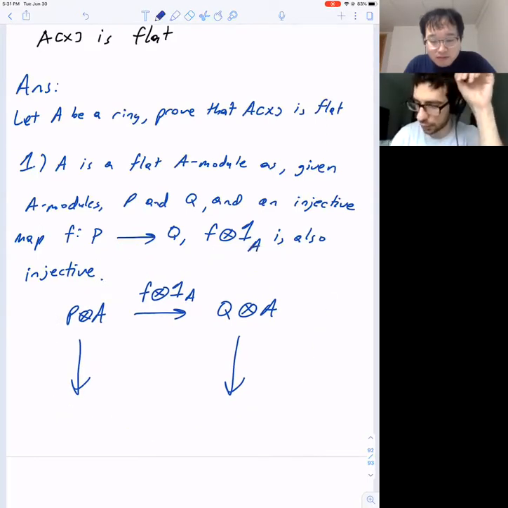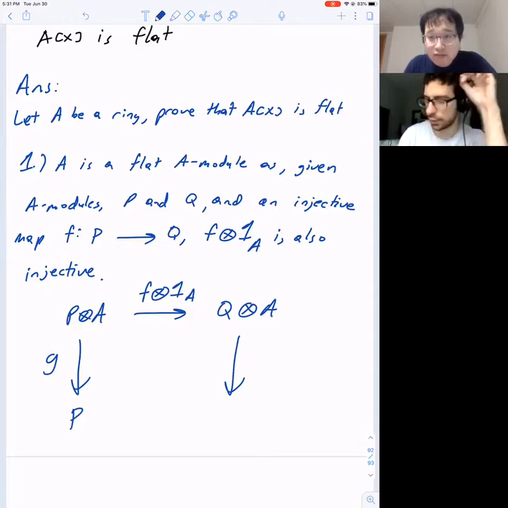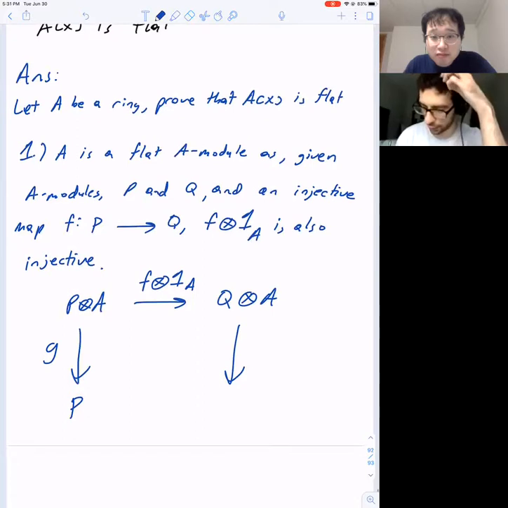But I do know that there is an isomorphism from P tensor A to the nicest isomorphism to P. And I know that Q tensor A has a very nice isomorphism to Q, and by this G prime.